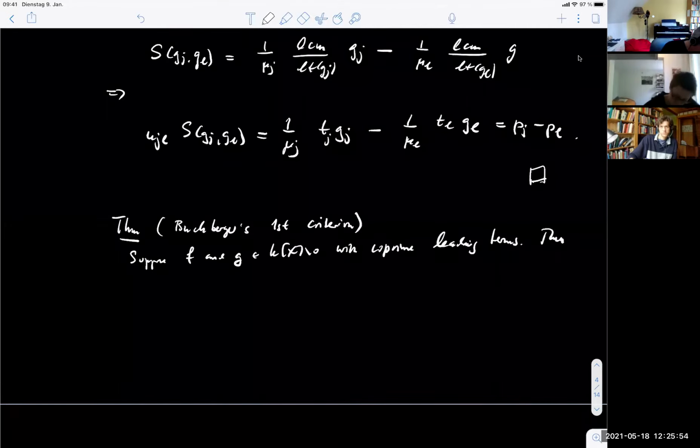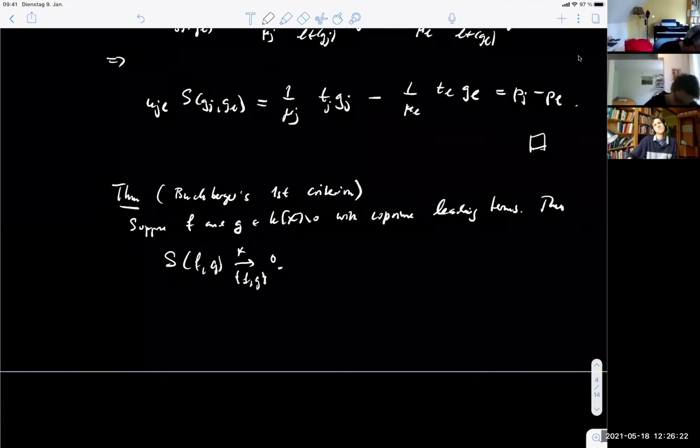Then it turns out the S polynomial reduces to 0 modulo F and G. So this means if you have a collection of polynomials and you want to test whether you have a Gröbner basis, for those pairs of polynomials with coprime leading terms, you don't have to do any work. You know immediately it goes to 0. Very useful. Okay, so let's prove it.